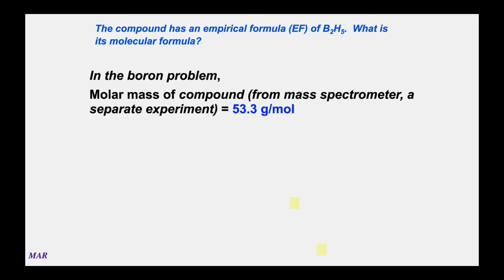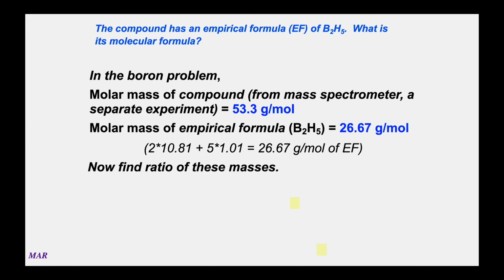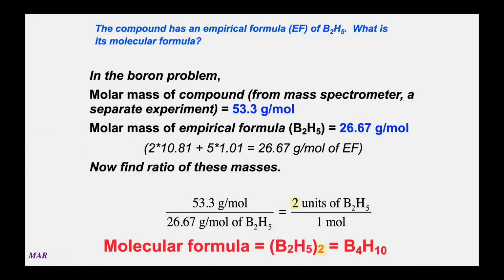So just like we did with the last couple examples, let's find the molar mass of just B2H5. So B2H5, 2 times boron plus 5 times hydrogen, 26.67 grams per mole. So the molar mass of B2H5 is 26.67.